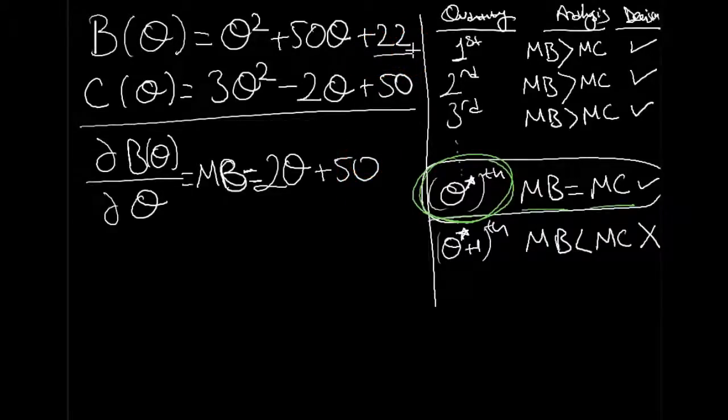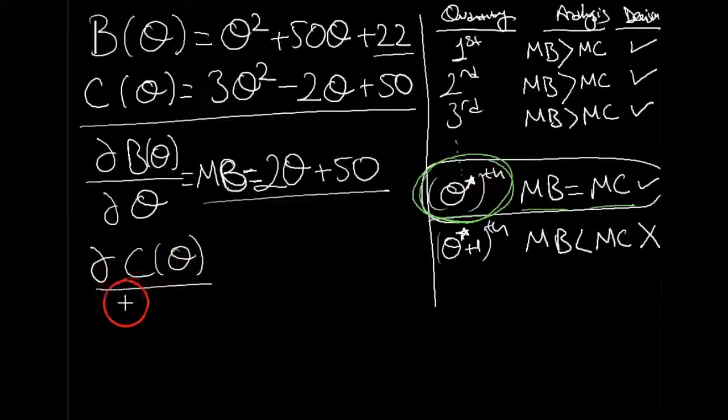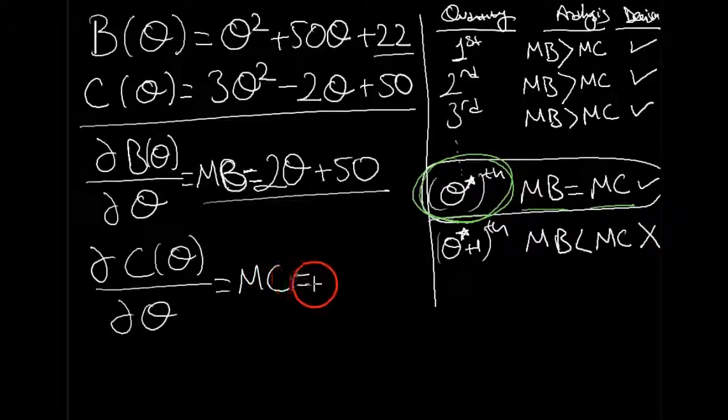So the marginal benefit function is 2Q plus 50. Now if we do the same for the cost, this is going to give us the marginal cost curve, which will be 3Q squared is going to be 6Q, minus 2Q is going to be minus 2, and 50 is going to be 0.